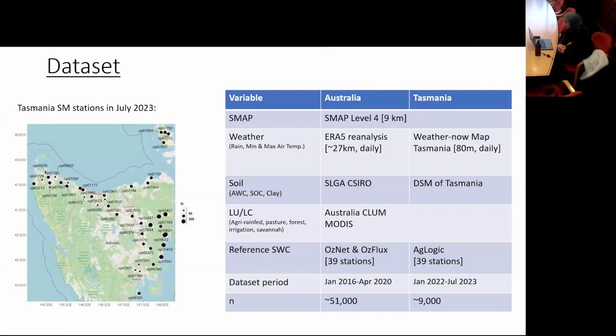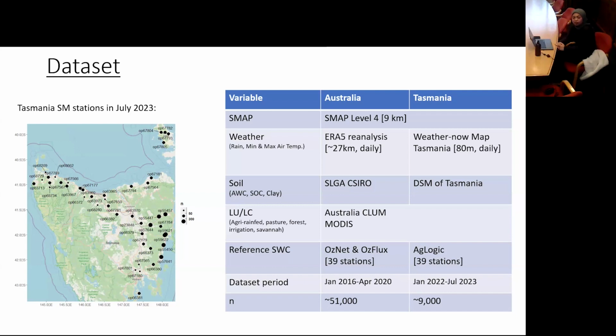So first we gathered the data from the soil moisture probes across Tasmania. This is the rough distribution of the stations. It is similar to the red dots that you saw before, but the size of the dot is telling you something.